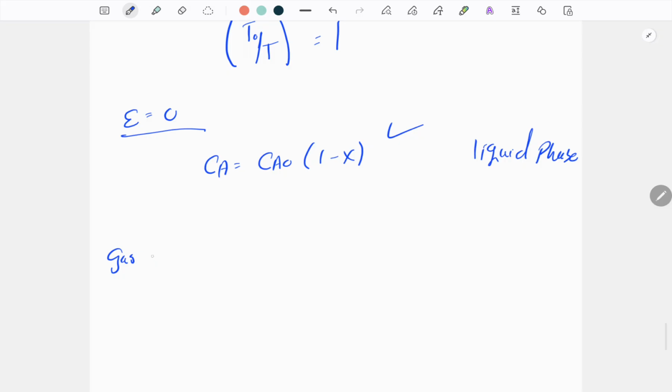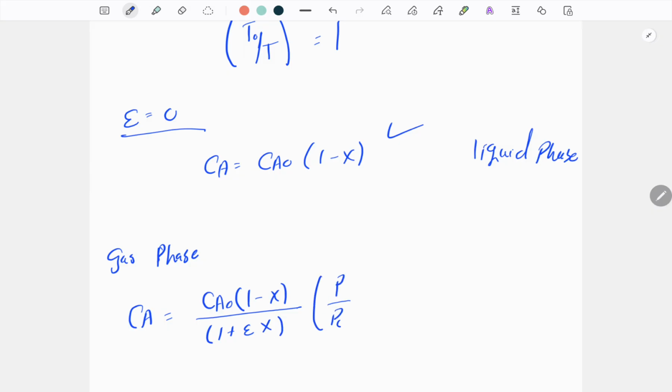Therefore, for a gas phase, you'll find the final concentration using this equation: 1 plus epsilon times x, times P over P naught, times T naught over T.